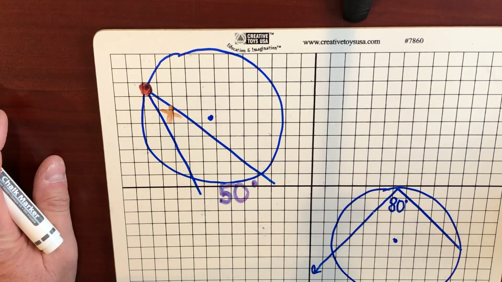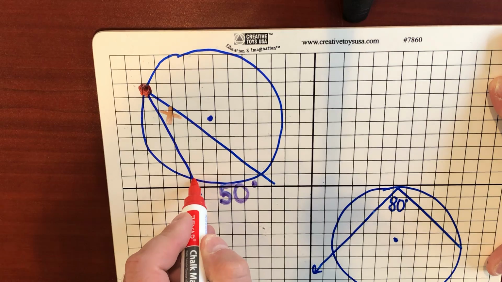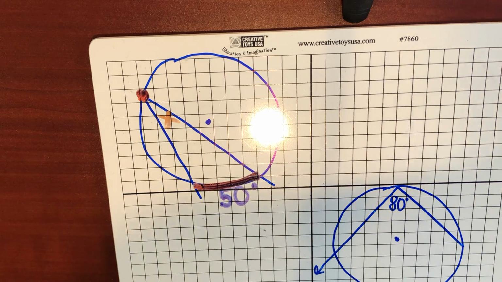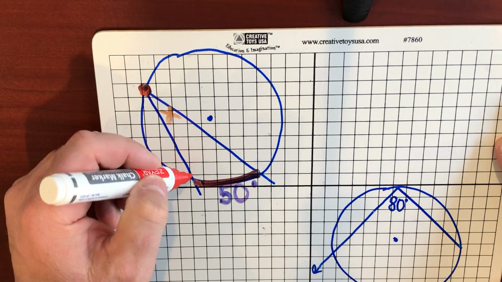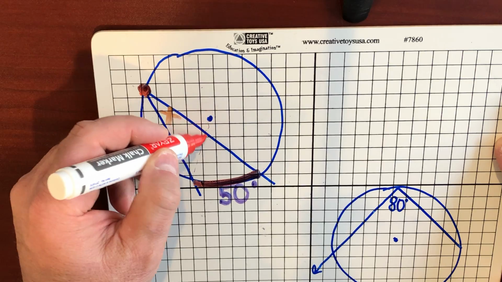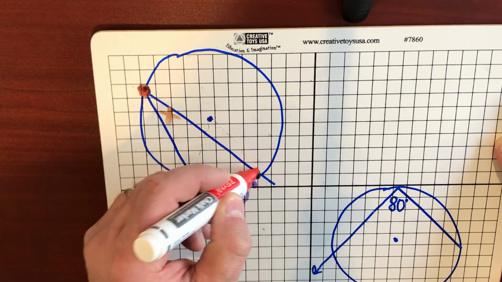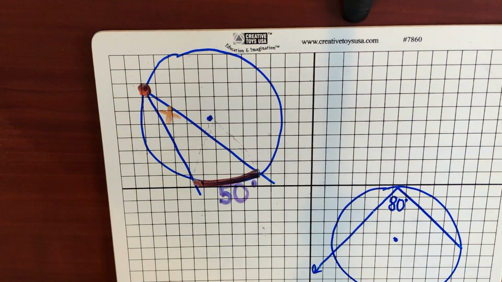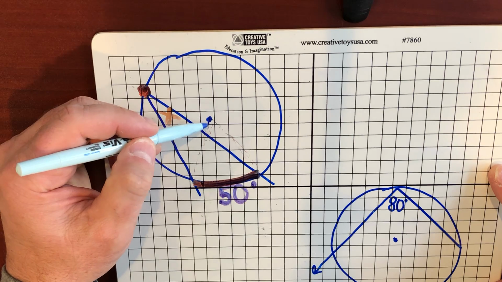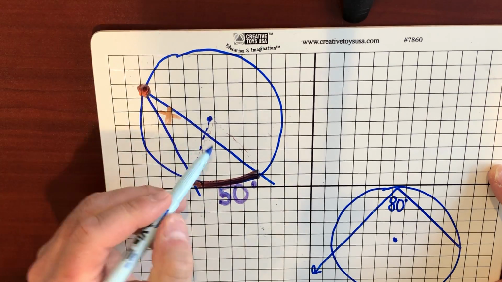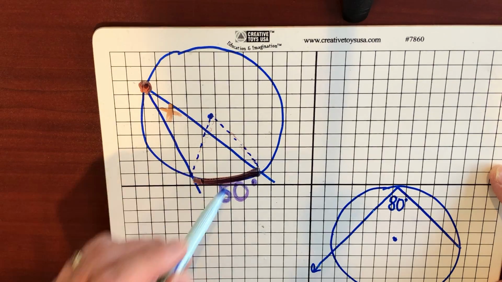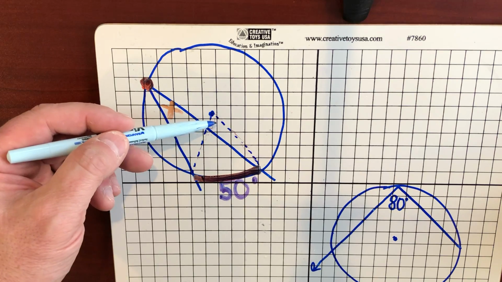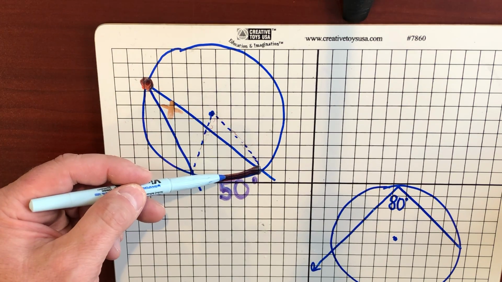So if this arc here is 50 degrees, what that means is the central angle that goes to that arc is a 50-degree angle. So if this arc's 50, that central angle that would go to that arc is 50.